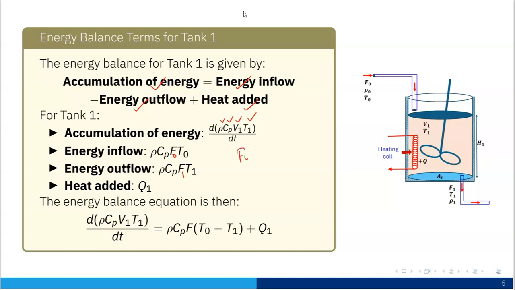We know that F0 is equal to F1 is equal to F. Heat added is Q1. Plugging all these terms in, the energy balance equation is d/dt of rho Cp V1 T1 equals rho Cp F (T0 minus T1) plus Q1. So this is the tank 1 energy balance.